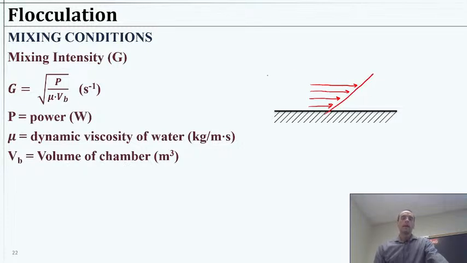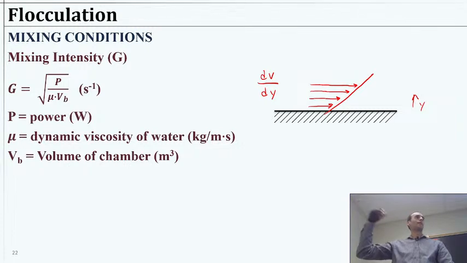And what we're looking at is some change in the velocity term as a function of distance from the surface, if this is y, distance out away from the surface. Then what this little gradient is showing us is a change in velocity per change in distance, right?